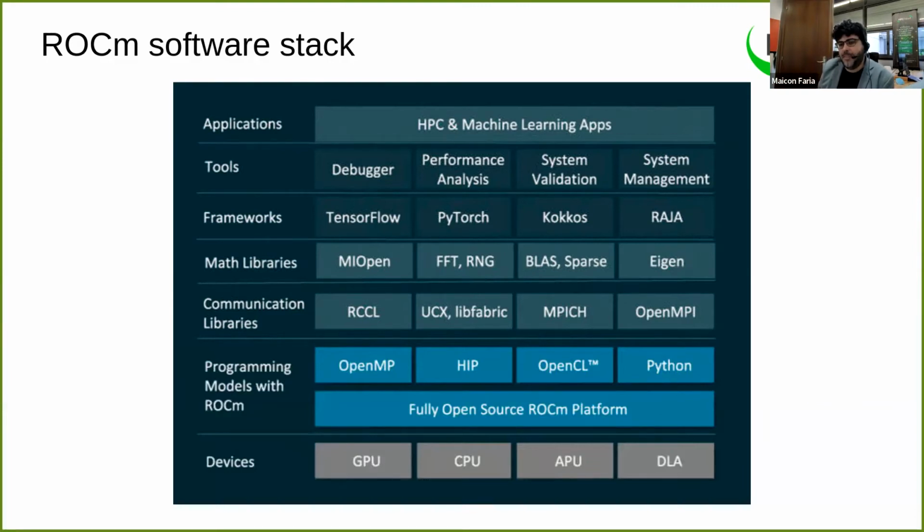GPU from AMD. But the problem is that at this point, they are not compatible with the newest GPUs, not only the GPUs from the data center environment, the CDNA2, but also RDNA, the GPUs that you buy for your home, for a small computer that you have to start development.